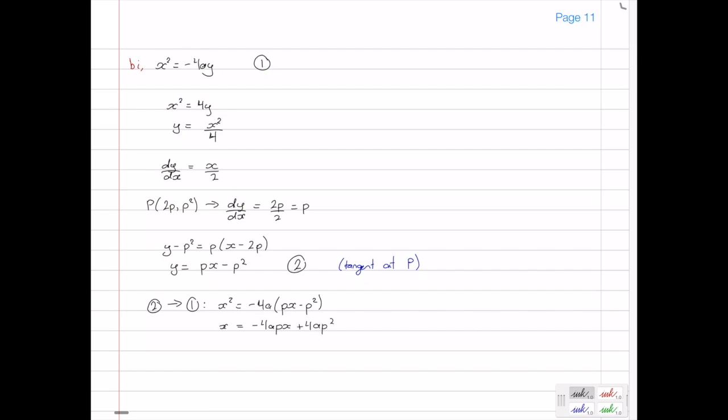Moving everything over to the left-hand side gives us x squared plus 4apx minus 4ap squared equals 0. And that is what we wanted to show.